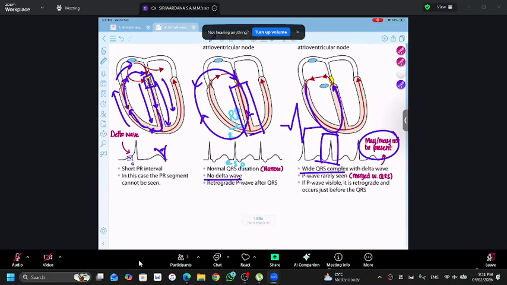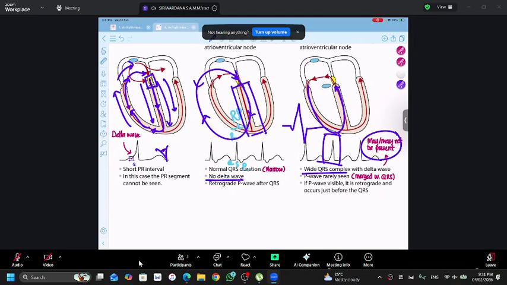So you have a wide QRS complex with a delta wave, which may or may not be present because that is not a true delta wave. It looks like a delta wave because you have the merging of the P wave and an abnormal QRS complex, because that's going retrogradely. The P wave is rarely seen, as it is merged with the QRS most of the time. And if the P wave is visible, it is retrograde.